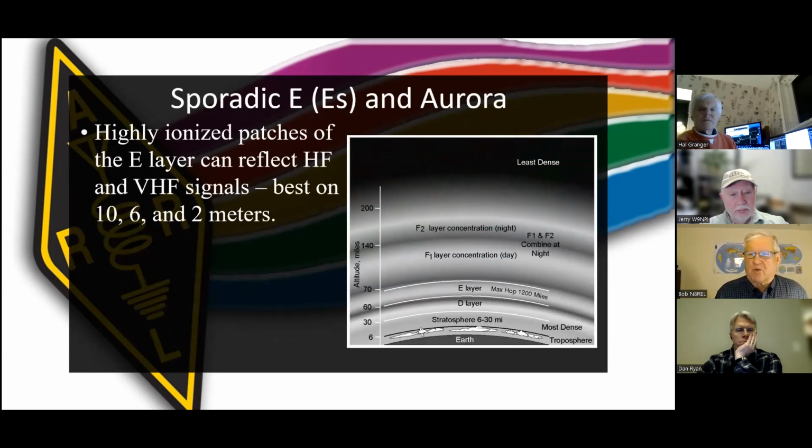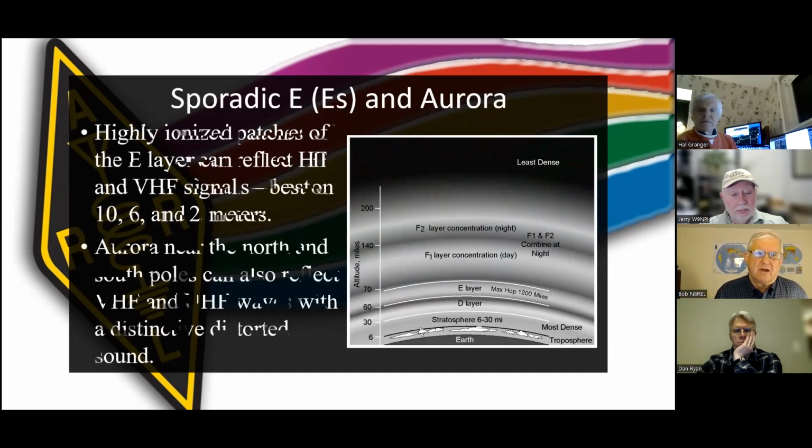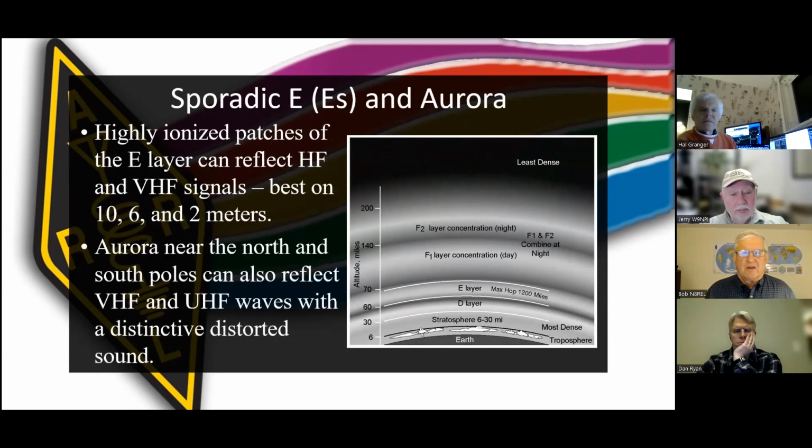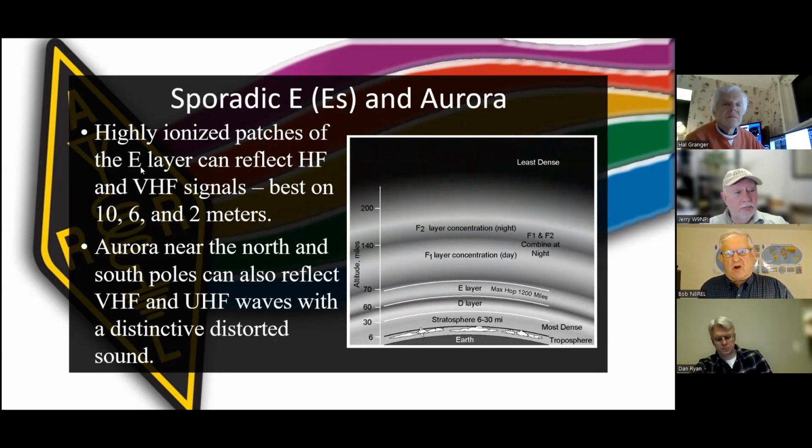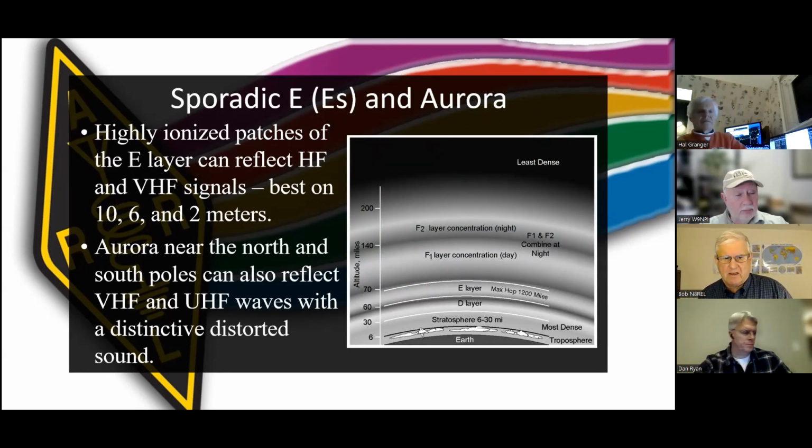All right, sporadic E. It's when there are highly ionized patches in the E layer. Now, that E layer, again, is not that high up, but it can become highly ionized in a number of different ways, and you can bounce your signal off that.